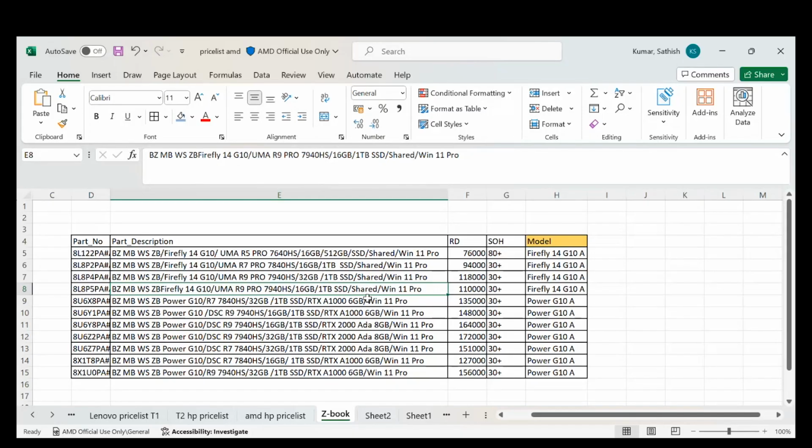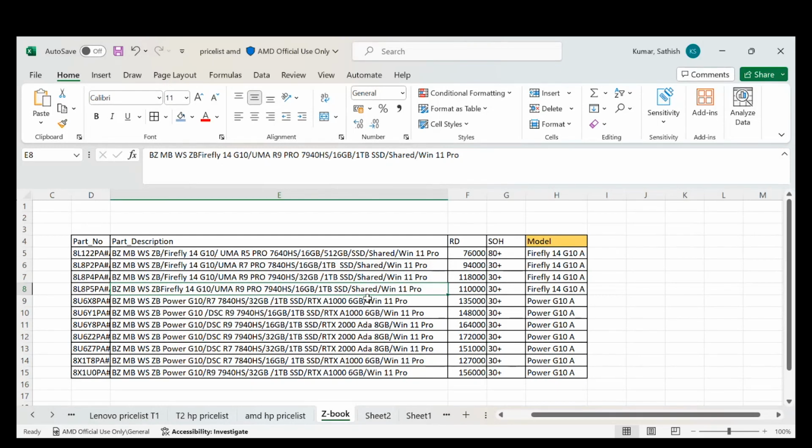What I'm telling is these are the portfolios available in the mobile workstation portfolio. If you say Ryzen 5, Ryzen 7, Ryzen 9, when I was explaining about our Pro processors, the Firefly series comes with the Pro processor. Those lineups are not available with graphics cards.